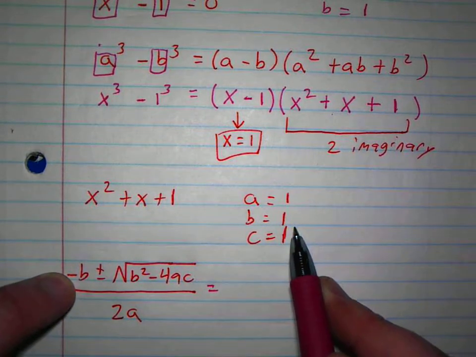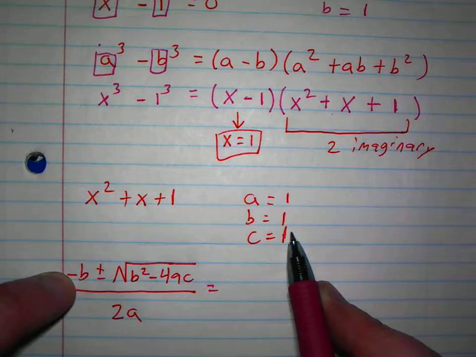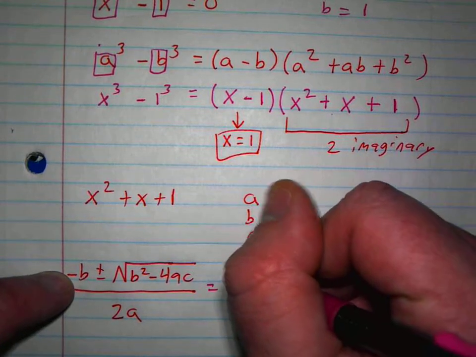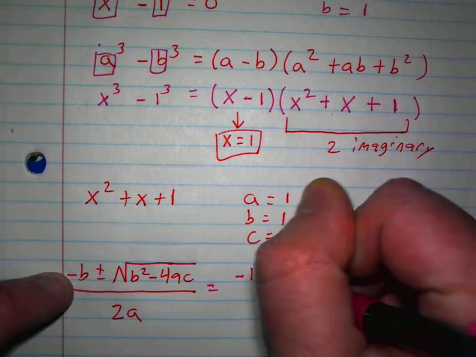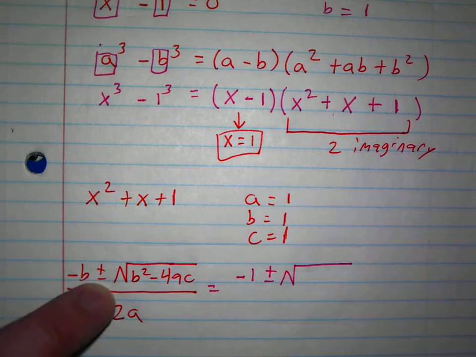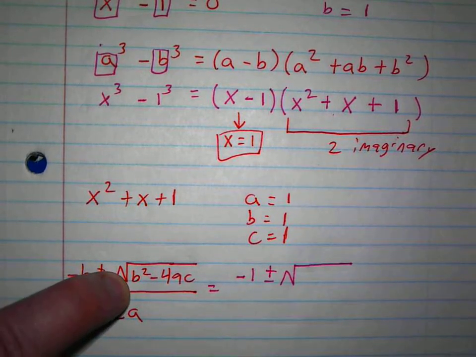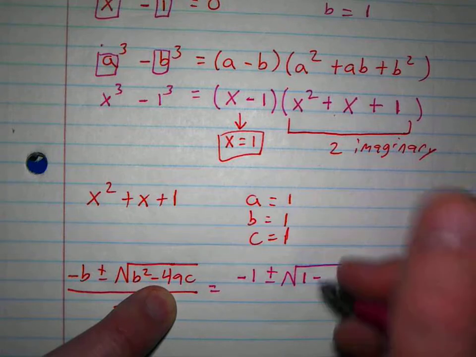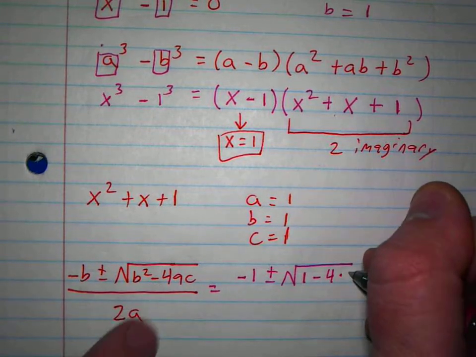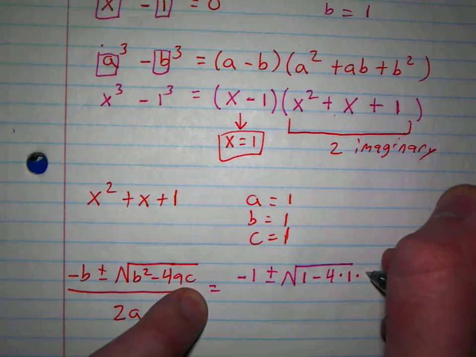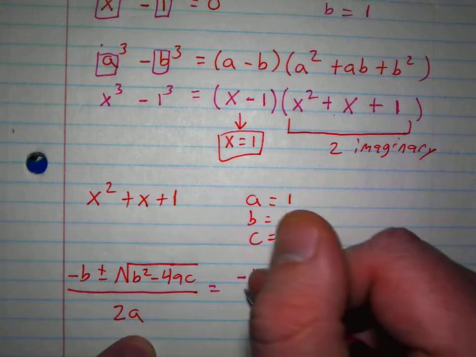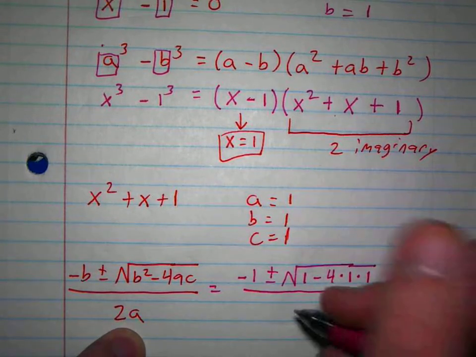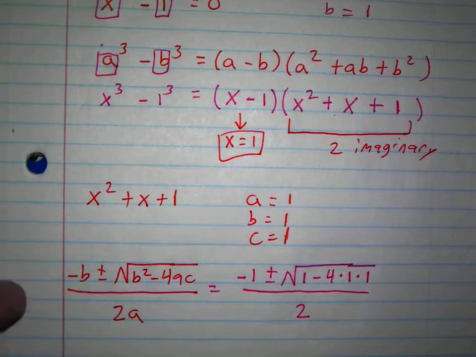Plugging in, we have negative B. B is 1, so that would make negative 1. B squared, B is 1, 1 squared is 1. A is 1, and C is 1. Divided by 2 times 1, which is 2.